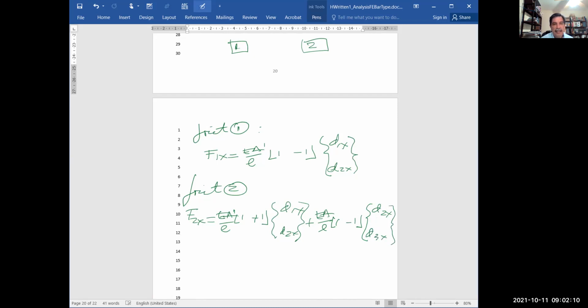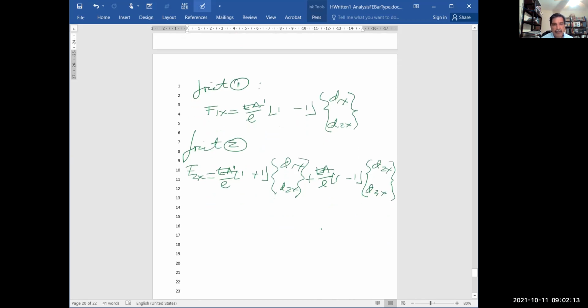And we see immediately that we can write this in the following way. It's going to be EA over L1, this is negative. And the second one is going to be plus EA over L1 multiplied by this, but this is also multiplied by EA, so here we have to add EA over L2.